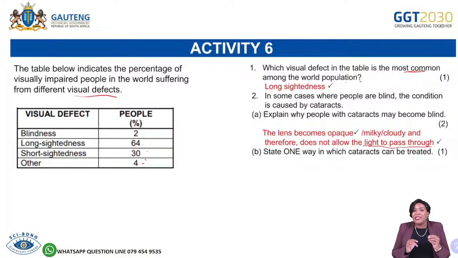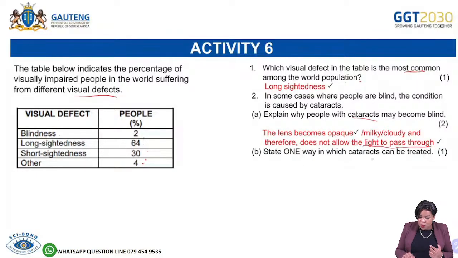So if a person's lens is opaque, it will not allow light to pass through, and we call that disease cataracts. It may lead to blindness if it becomes more and more cloudy until the light does not even reach the retina. And then an image will not be formed. The person will not see eventually.